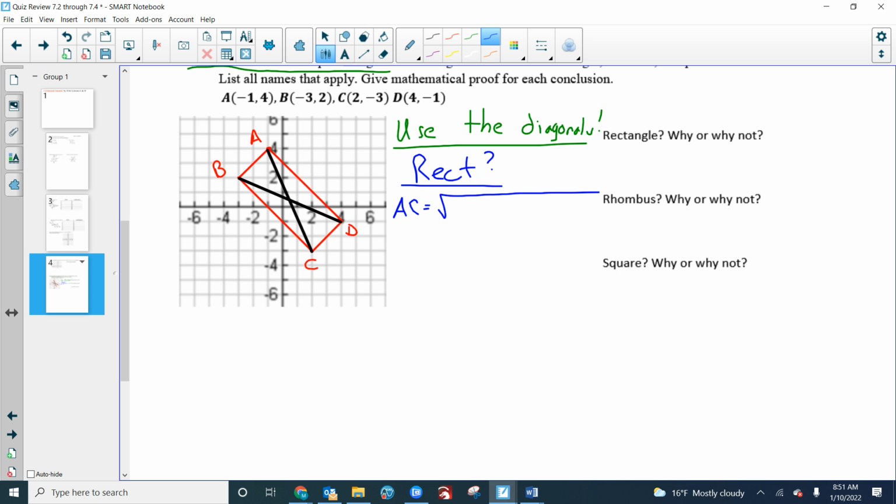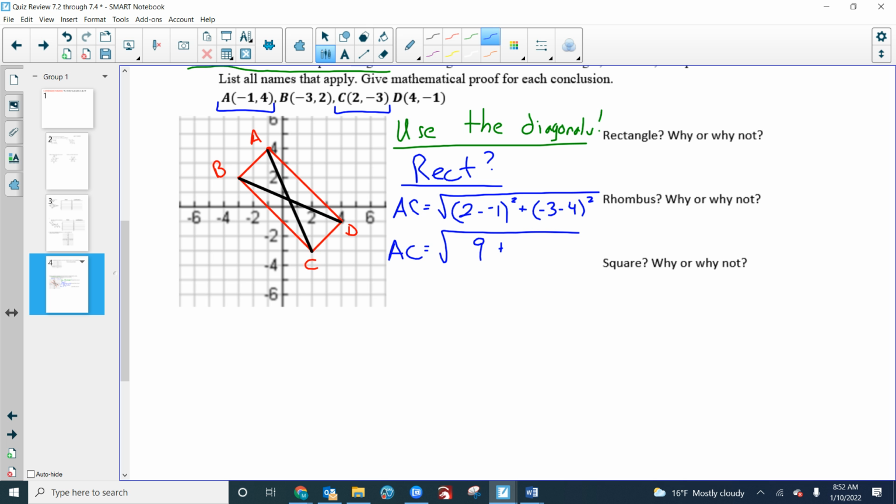Distance formula. From A to C, I'm using A and C. Here we go. 2 minus negative 1 squared plus negative 3 minus 4 squared. 2 minus a negative 1 is 3, squared is 9.